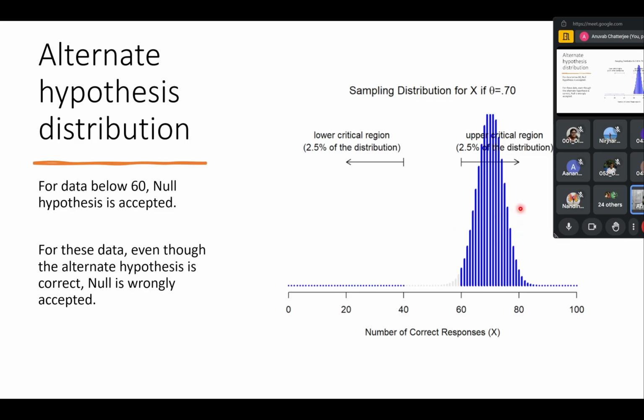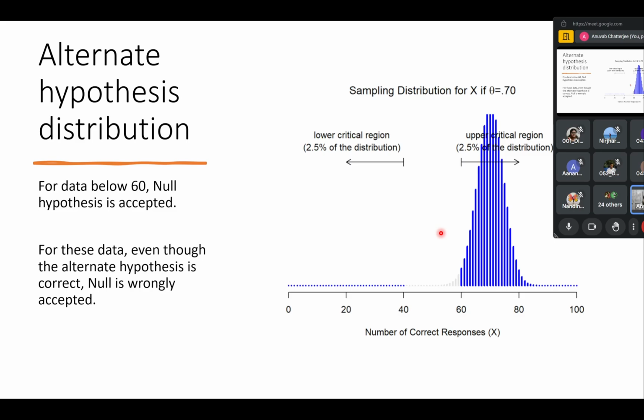So can anyone tell me how exactly can I increase the power of this test? If I wanted to figure out whether I am wrongly accepting the null hypothesis, how exactly can I do that?